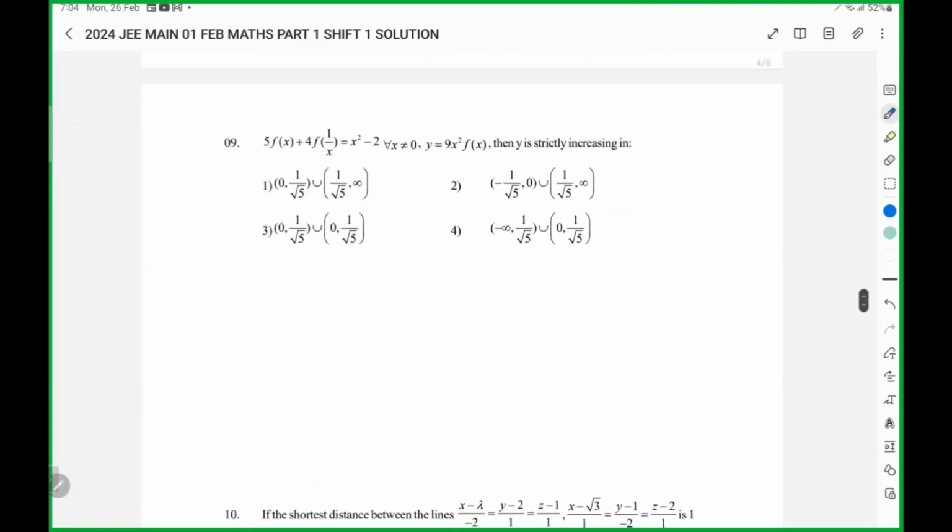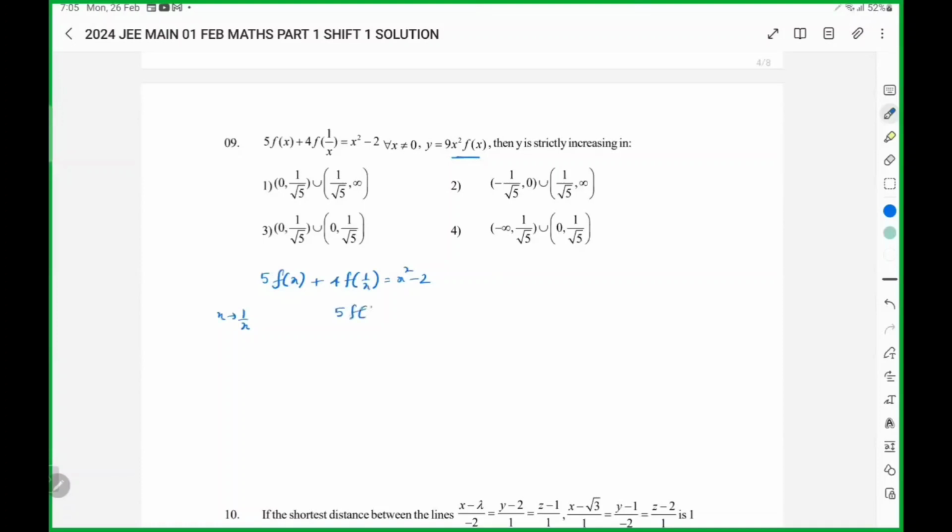Here it is. y depends on f(x). We have to find f(x). 5 times f(x) plus 4 times f(1/x) is this. To simplify this, replace x with 1/x.